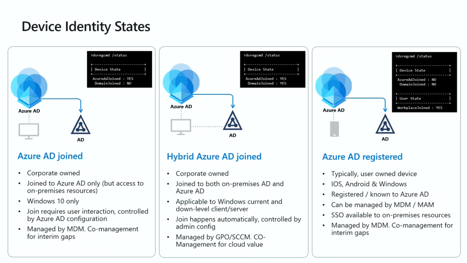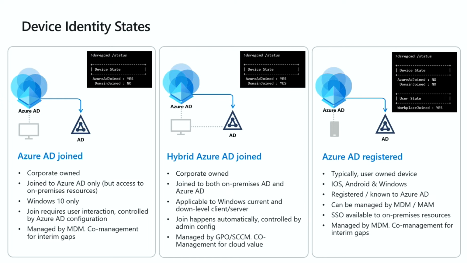Now, this is something that's Windows 10 only, and the join does require user interaction. And what this means is when we're joining these devices, we're going to talk about things like Autopilot. We're going to talk about using something called a provisioning package or a Windows Configuration Designer to enroll those devices. But users can also go through the out-of-box experience and join the device.